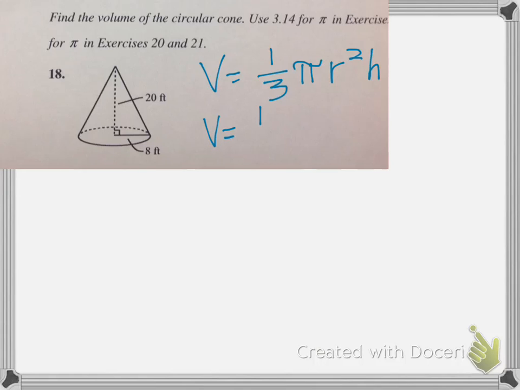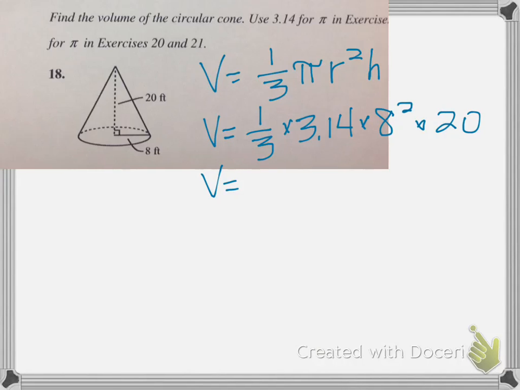So let's plug everything in. And let's use 3.14 this time. My radius is 8, so it's going to be 8 squared times my height of 20. And you can put this all in your calculator all at one time, or you can do one at a time. It doesn't matter.